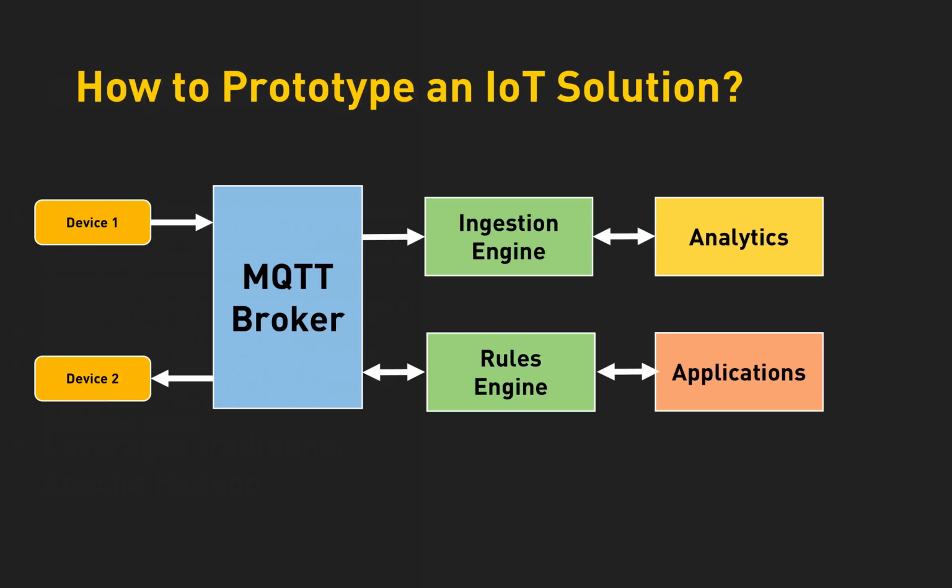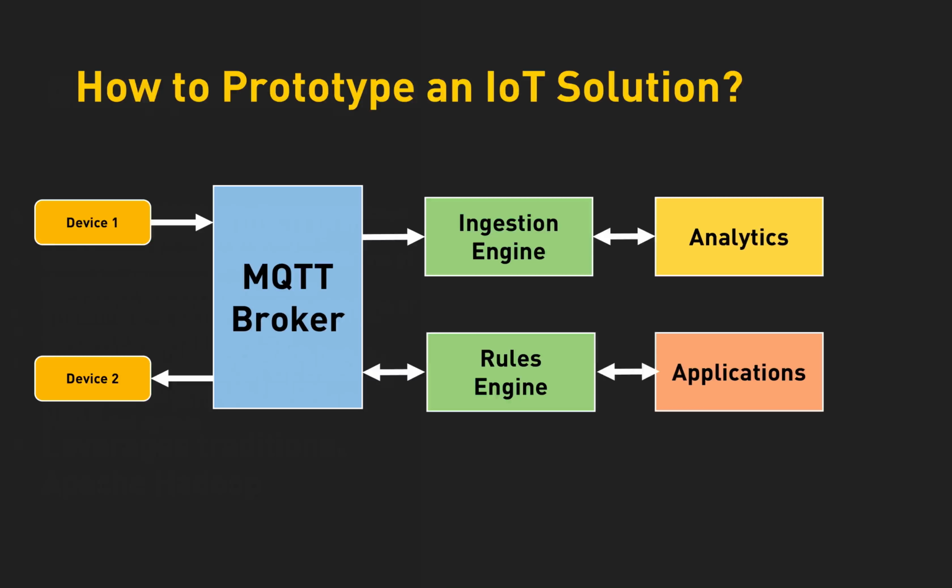It can be anything, but the ingestion engine is a layer that decouples data from the rest of the consumers. And finally, the analytics layer is responsible for helping us visualize the aggregated data or the outcome of the processing. So these are the most essential but complete set of building blocks of an IoT solution.